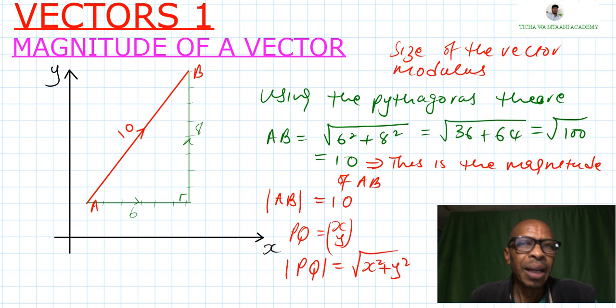You express the vector as a column vector, then you get the magnitude. The magnitude is always positive. We don't have a negative magnitude, because this is a real quantity.